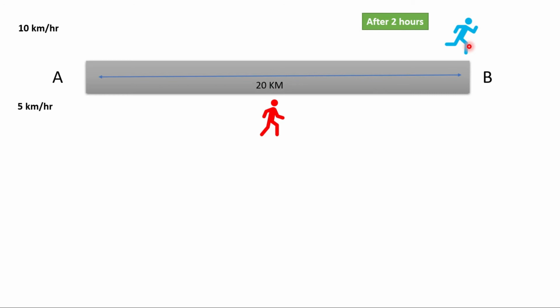He took 2 hours to complete the race. In these 2 hours, 5 into 2, this guy completed 10 kilometers of the road. And this 10 kilometers is exactly the middle point from A to B.